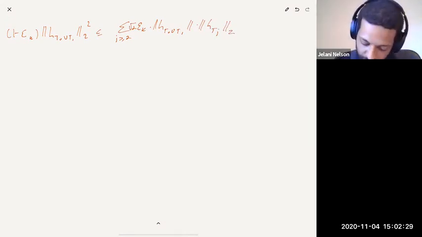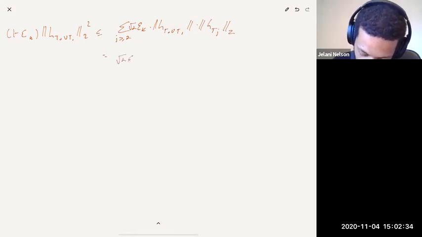Okay. So you can factor all this out. This is equal to the sum, maybe root 2 epsilon k, the norm of ht0 union T1 times the sum of the norm of htj.